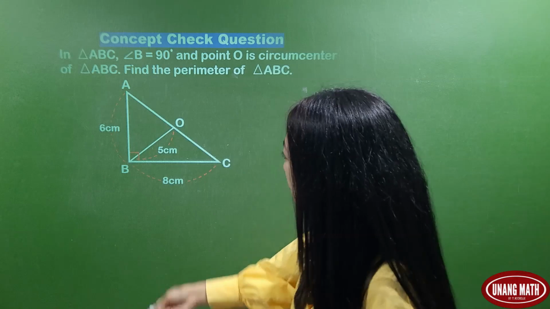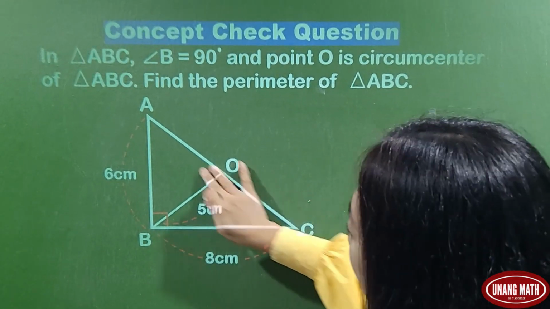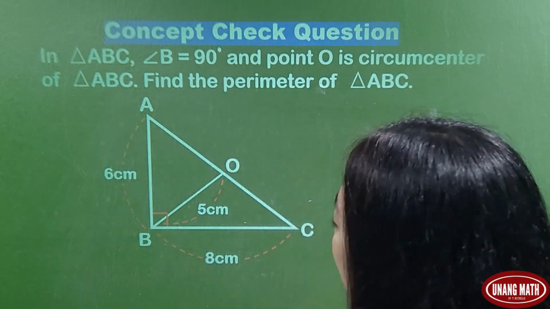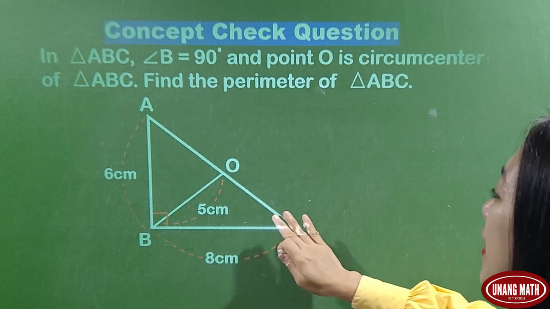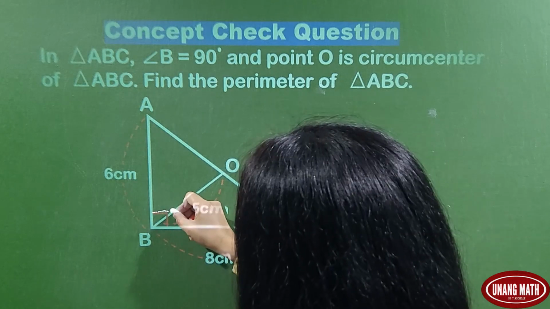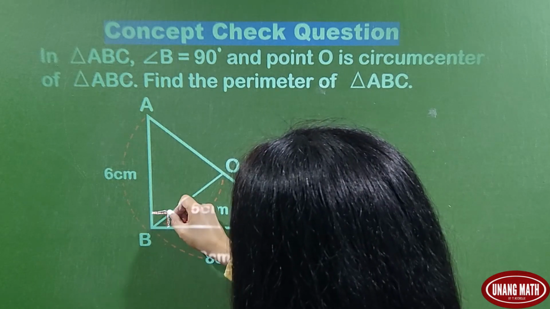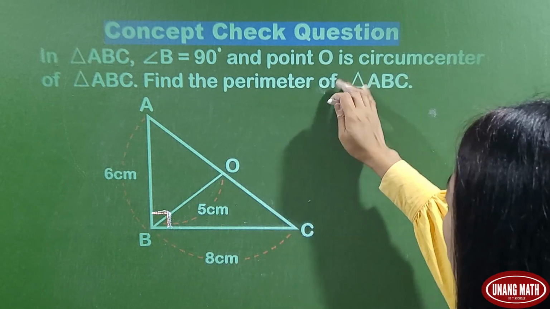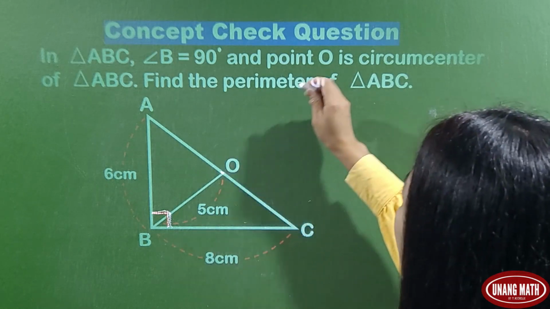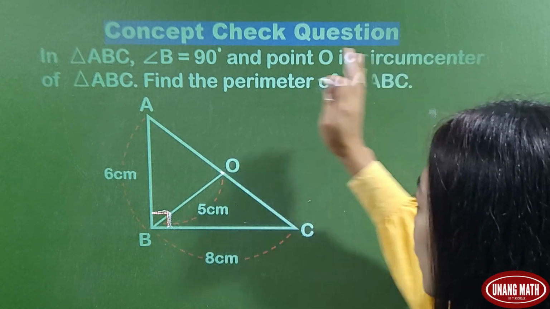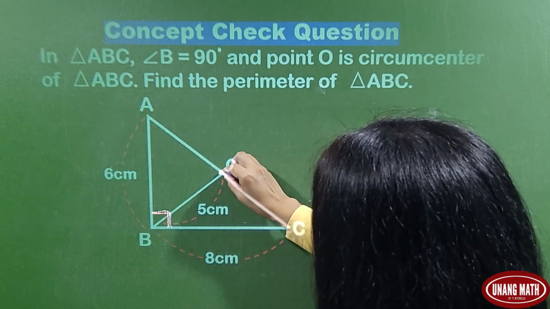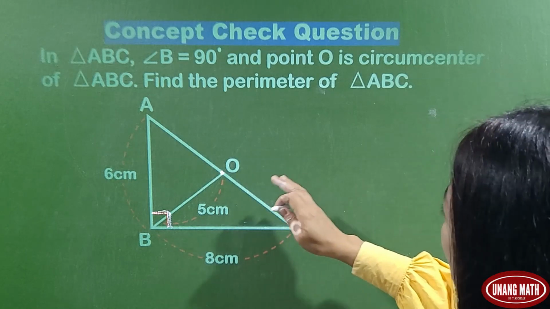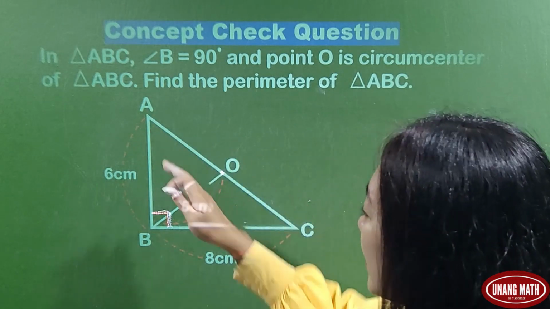In triangle ABC, angle B is 90 degrees. It means this triangle is a right triangle because we have here a 90-degree angle. And point O is the circumcenter of triangle ABC. So we have here point O. This is the circumcenter of this right triangle.